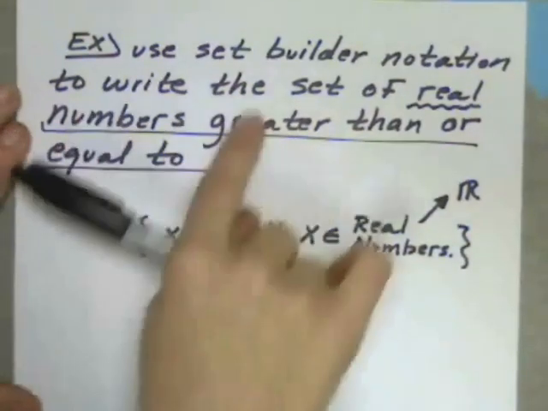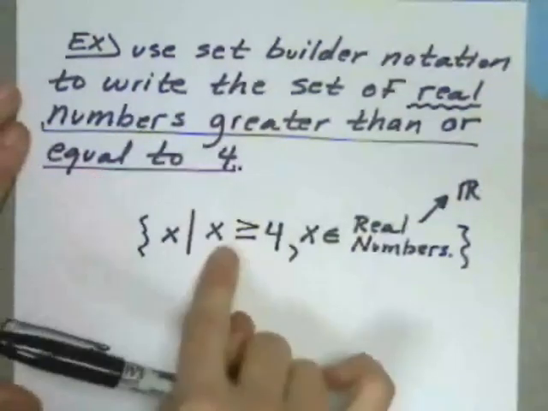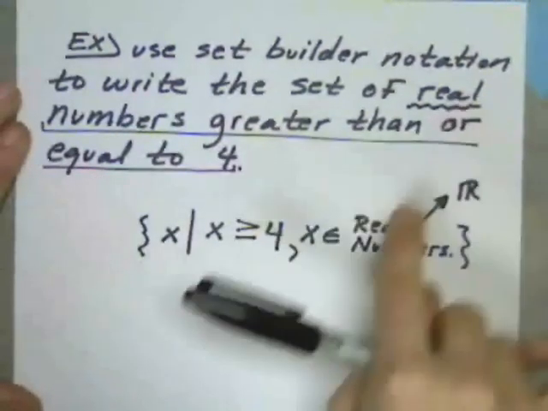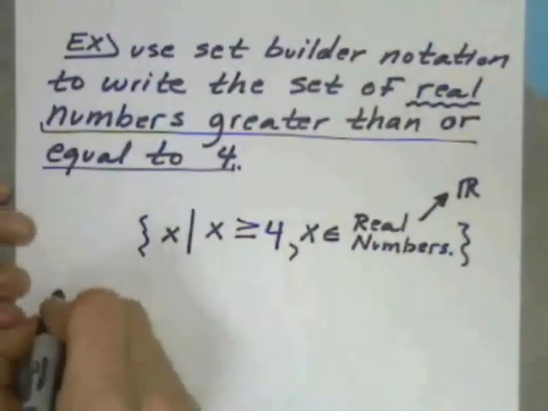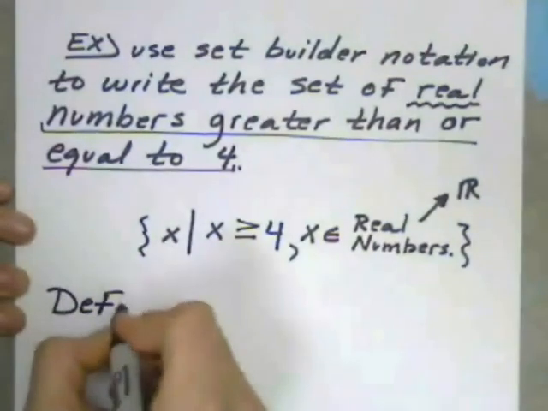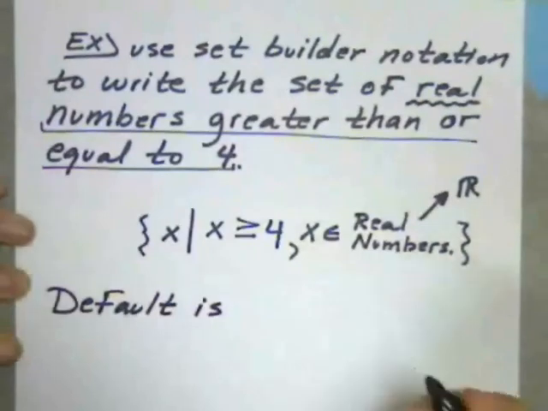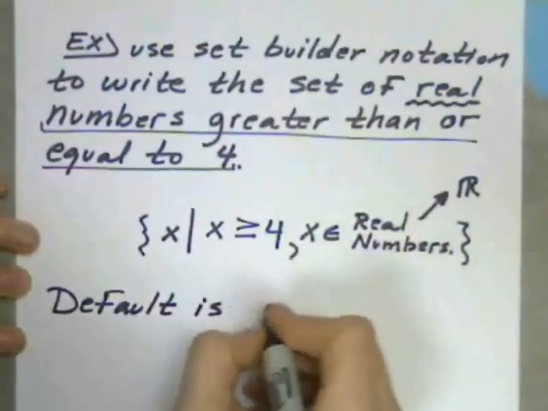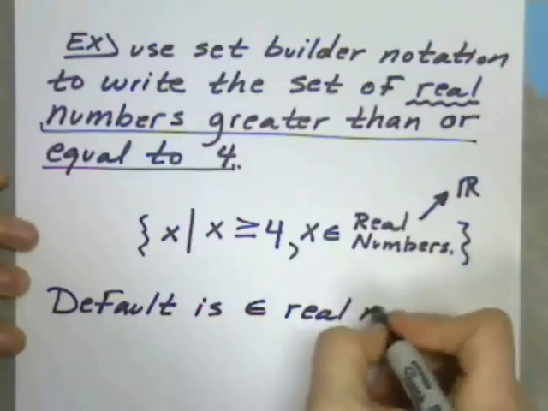So up here was represented with our inequality, numbers greater than or equal to 4. And then we told which numbers we were including. With set builder notation, it is always assumed, so the default is that you're using real numbers. Element of the real numbers.